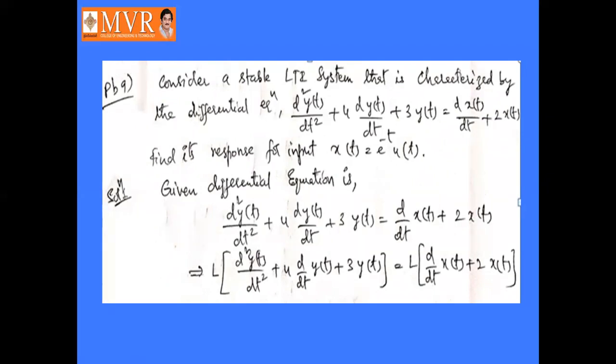Find its response for the input x of t equal to e power minus t into u of t. So the given differential equation is d square by dt square of y of t plus 4 into d by dt of y of t plus 3 into y of t is equal to d by dt of x of t plus 2 into x of t.